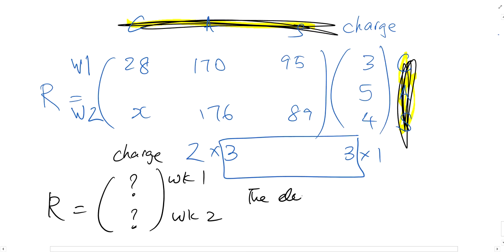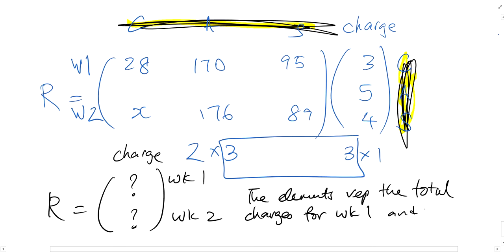The elements represent the total charges for week 1 and week 2 respectively. Okay, all the keywords are here. Total charges. Did it say per hour? No, it's not per hour. Oh, the charge is for 1 hour.